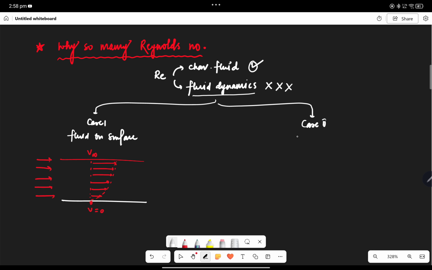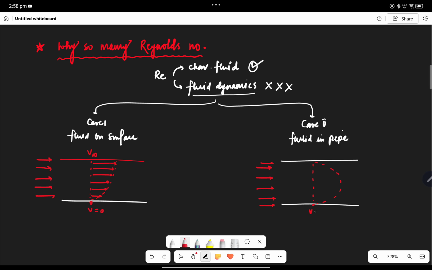And in case 2, the fluid is in a pipe, right? So we have a pipe, and the fluid is flowing like this inside the pipe, just entering the pipe. And as it goes in the pipe, the profile is going to be like this. Why this?